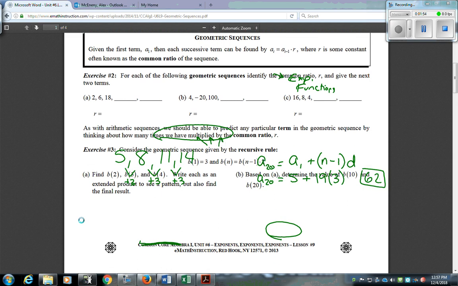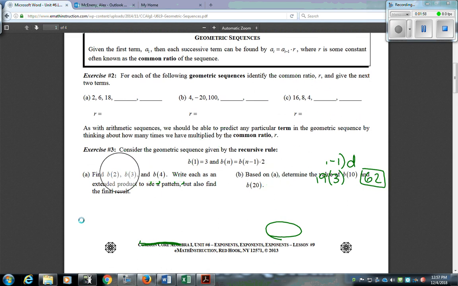So if you look at exercise 2, we're trying to find a number that we can multiply to get from one term to the next, and then finish the sequence. In this case, I know 2 times 3 is 6, and 6 times 3 is 18. So we'd end up with 54, and then 162. My common ratio in this case is 3.